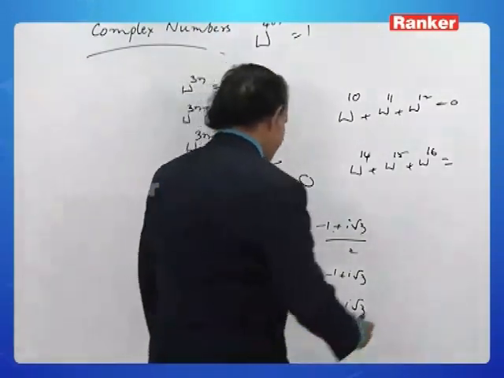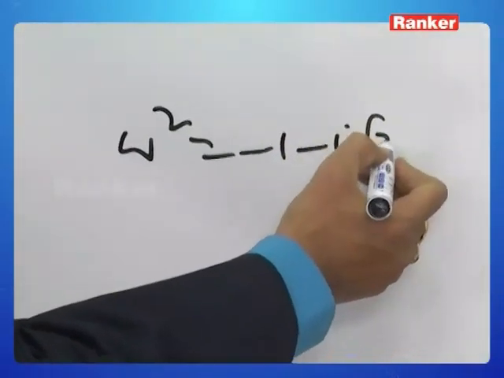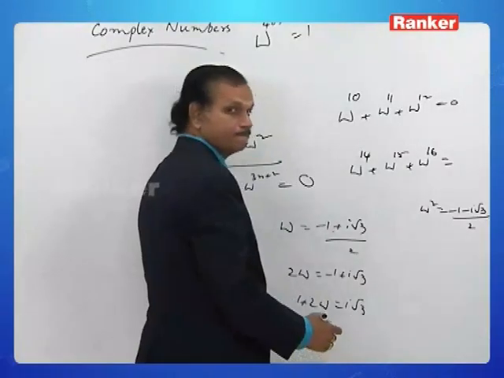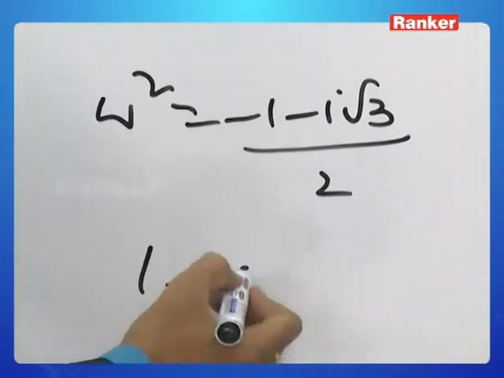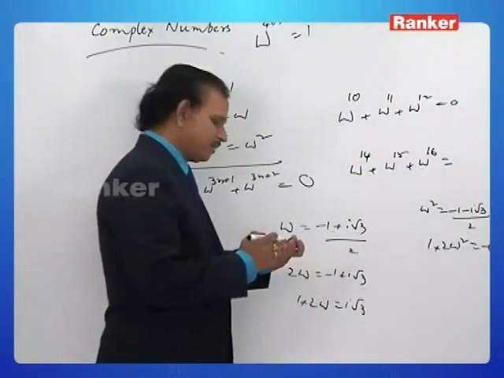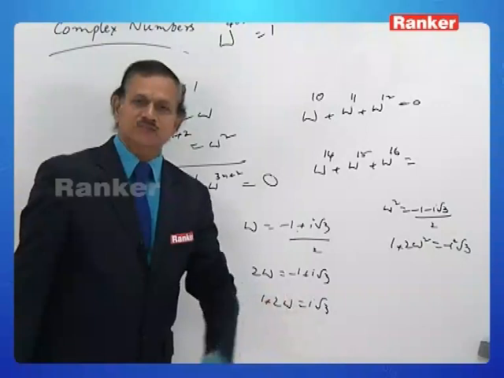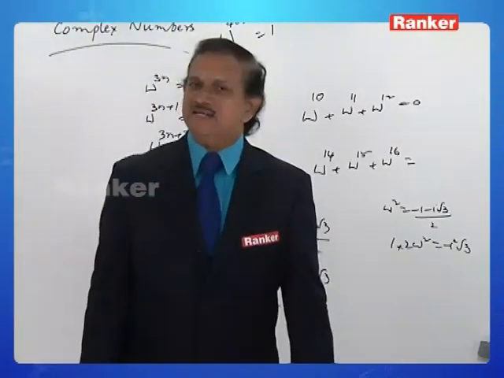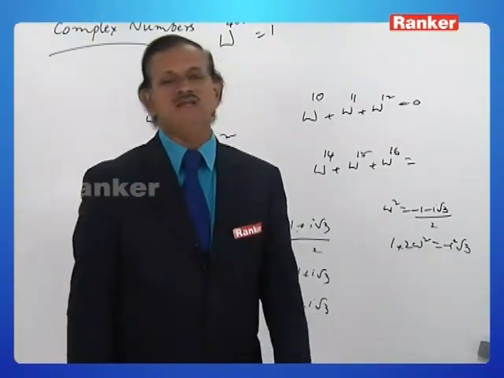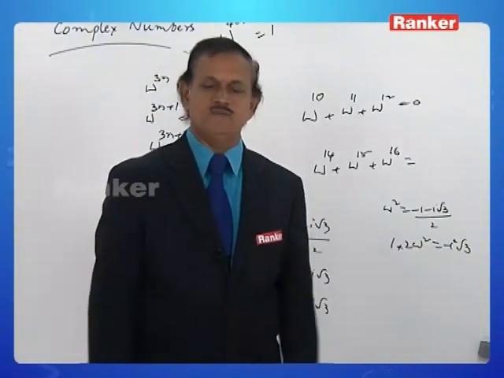In a similar fashion, omega square is equal to minus 1 minus i root 3 by 2. 1 plus 2 omega square is equal to minus i root 3. So 1 plus 2 omega is equal to i root 3, and 1 plus 2 omega square is equal to minus i root 3. As and when they are required, we will be able to make use of them for simplification also.